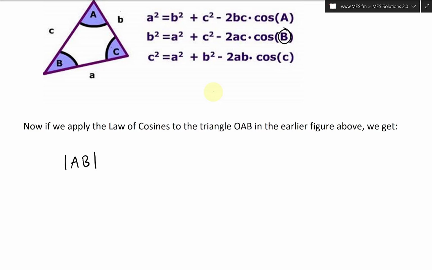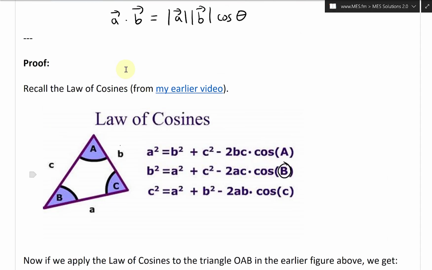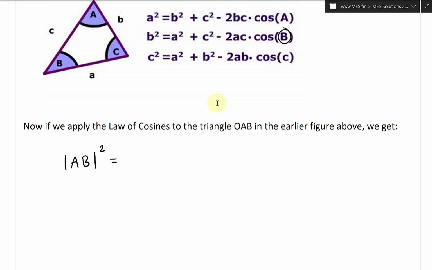I'll write it out of vector form, just the absolute value of the distance AB squared is equal to, matching up with the formula, the length OA squared plus OB squared.